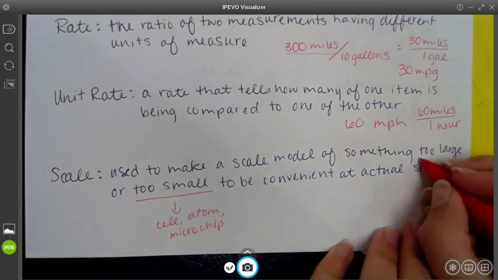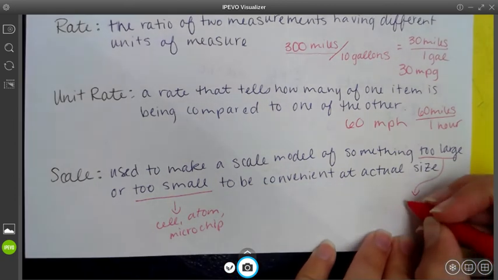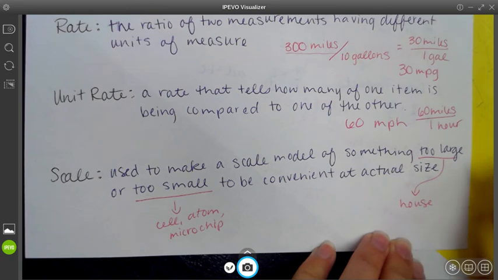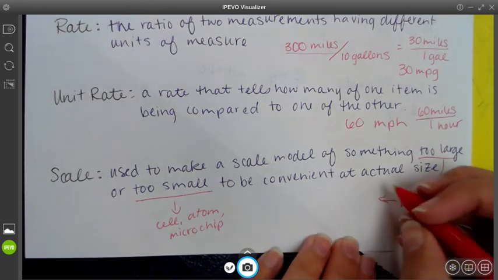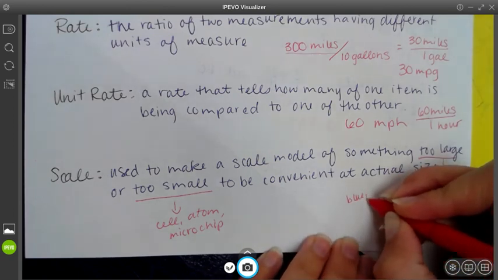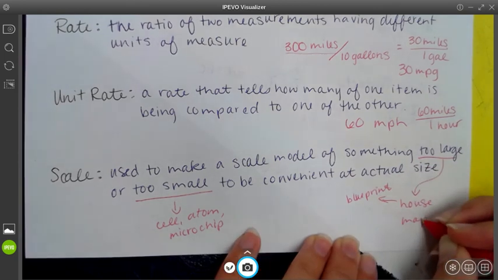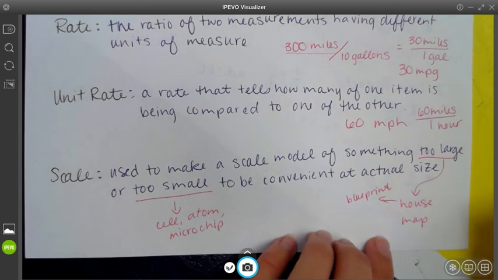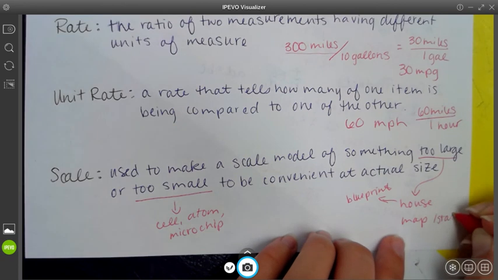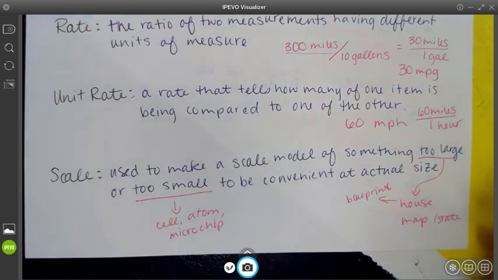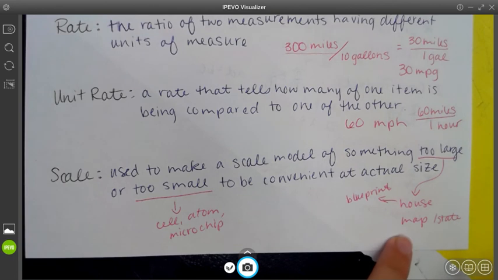Something that could be too large could be like a house. You'd use a scale on a blueprint; that'd be the scale model. A map, right? If you think about a map of Wisconsin, you will have a scale on there that'll tell you how many inches equals how many miles.